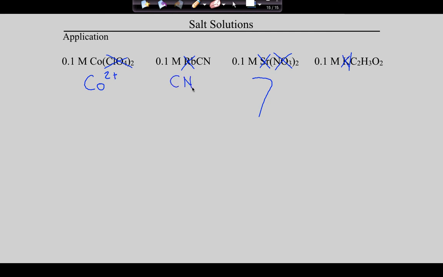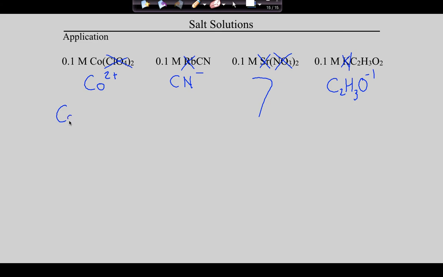We know that cyanide is going to do some chemistry with water. And we know that acetate, this has nothing to do with charge, is going to do some chemistry with water. We've got to figure out what chemistry. So if you want to write this down, you're welcome to. If you don't need to, you're fine, but let's talk.